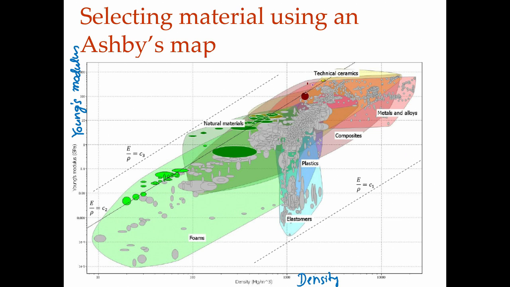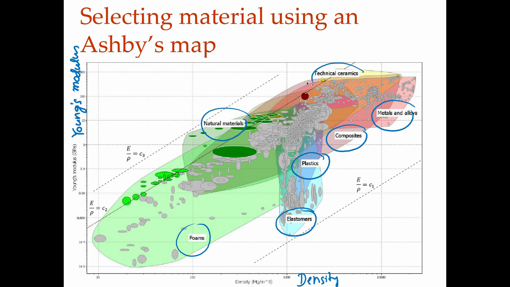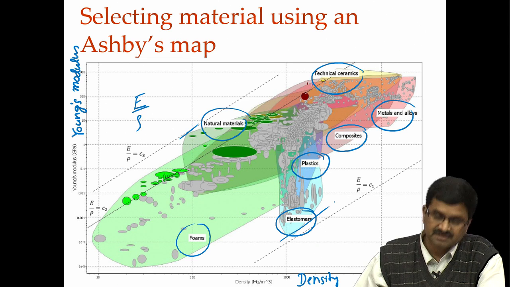So, there are natural materials over there, some foams, elastomers, polymers, composites, metals and alloys, ceramics, they are all occupying different spaces. But if you have material index, in this case it is E by rho, okay, then you draw a lot of parallel lines and you get the best material E by rho there, that has one value, one extreme, other extreme is here.